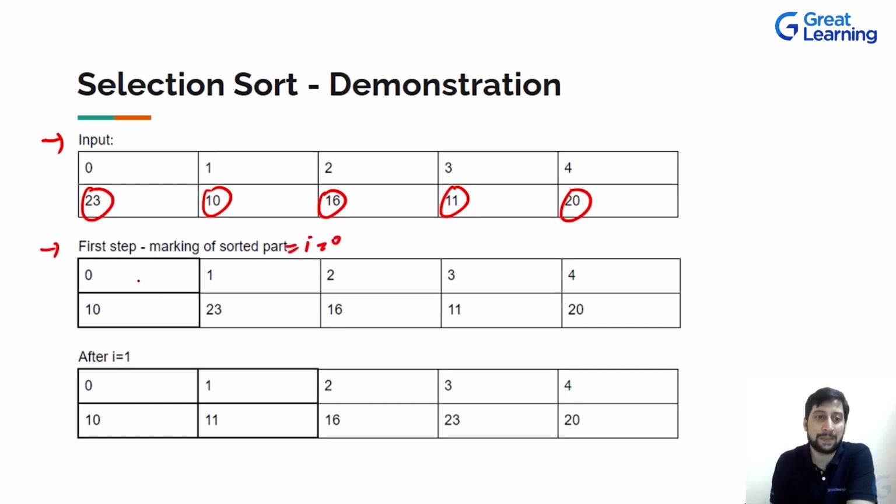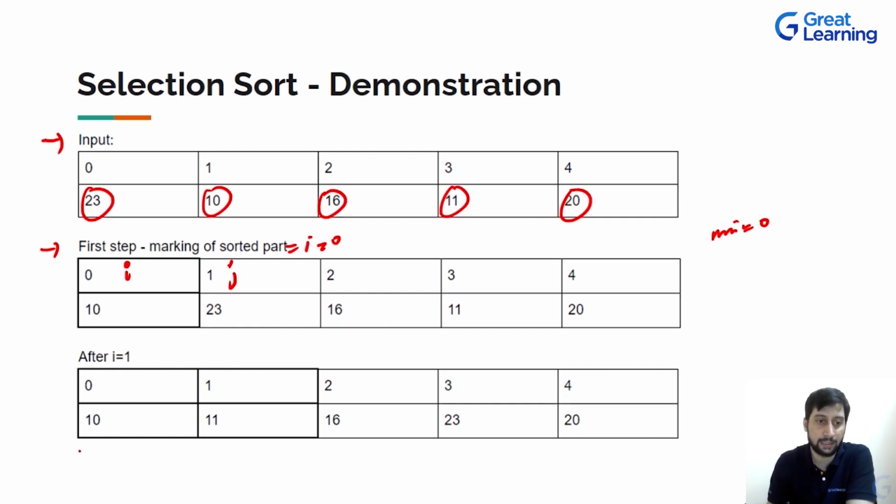We have our minimum index at 0. This is our I and this is our j. Now we'll compare. Is 10 greater than 23? No, it is not. So we still have minimum index as 0. Is 10 greater than 16? No. Is 10 greater than 11? No. Now this is the first step.